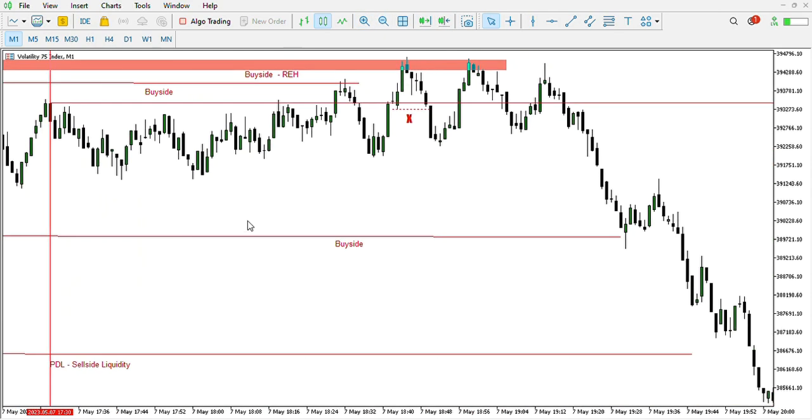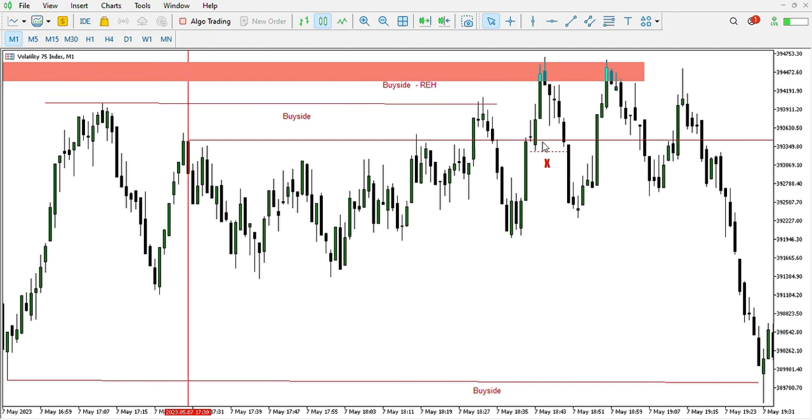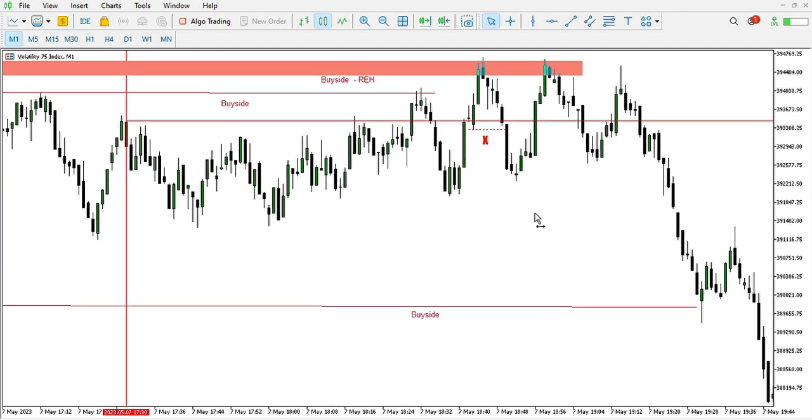Anyway, we have a break in market structure because we have a swing low here. See that? Higher low, higher low, higher low. This is a low that has a higher low and higher low next to it.